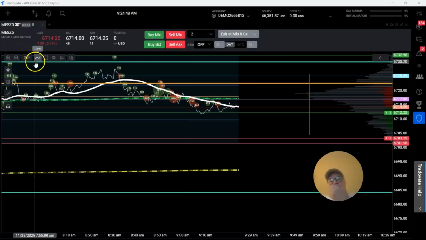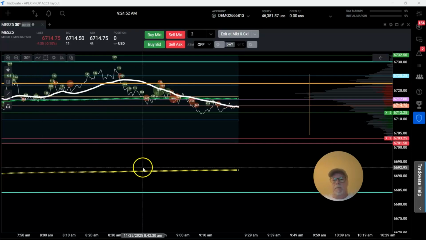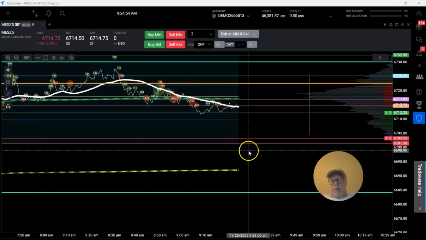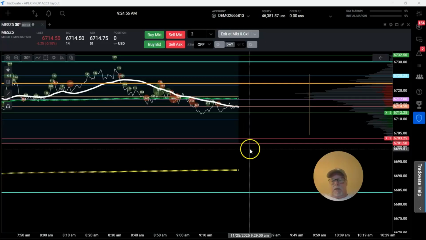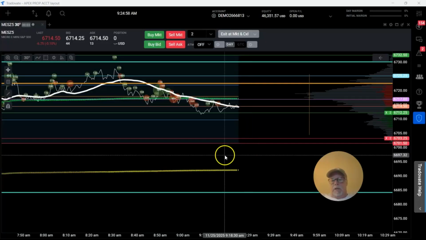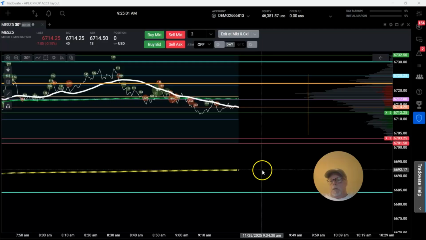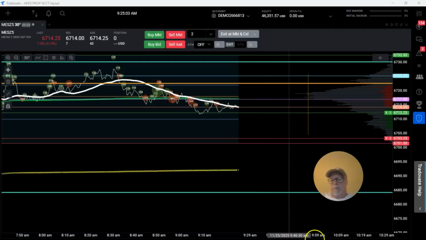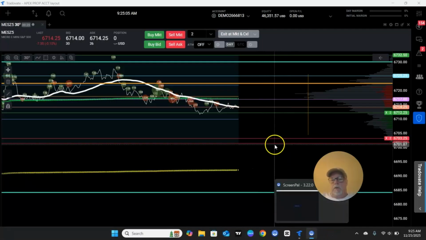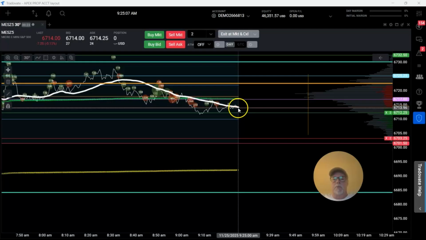Okay, guys, not anything really happening here, and I would normally get out, right, because the market's getting ready to open here in about 3 minutes. What time is it? 9:25, about 5 minutes, getting ready to open.